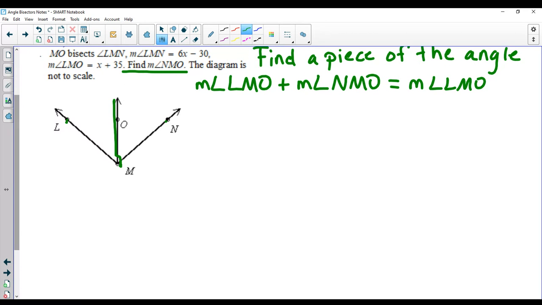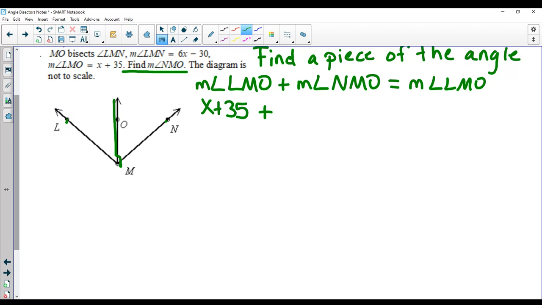So let's label what we know. We know what LMO is. That's going to be x plus 35 plus. Now, they didn't tell us outright what NMO is. Okay, we have to find that.